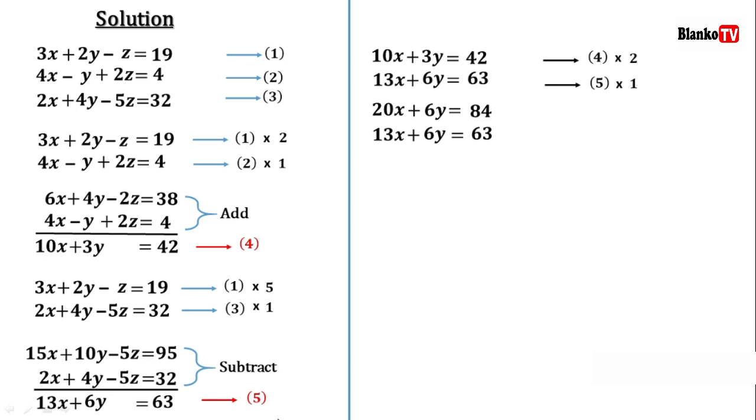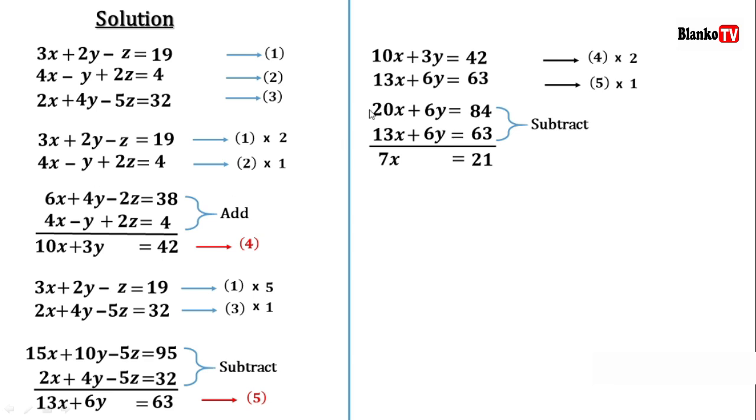Okay, so we subtract 13x plus 6y equals 63 from 20x plus 6y equals 84, and that is going to give us 7x equals 21.